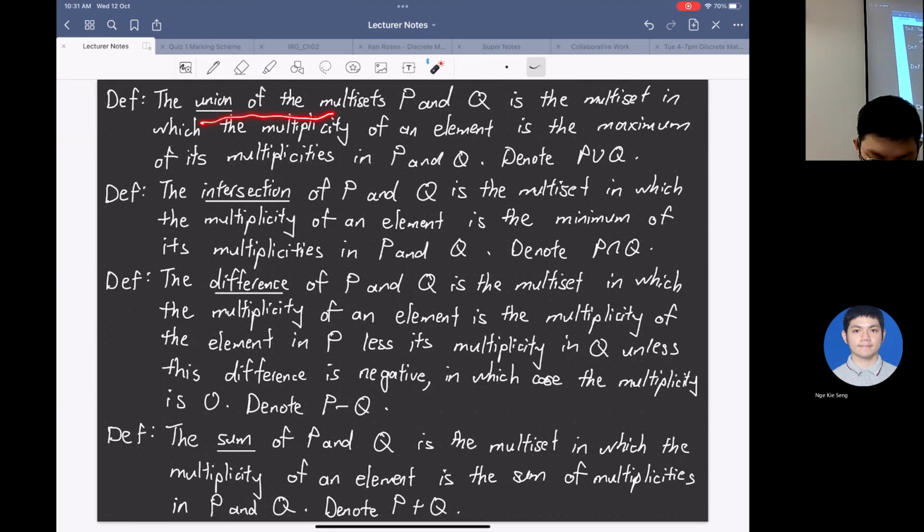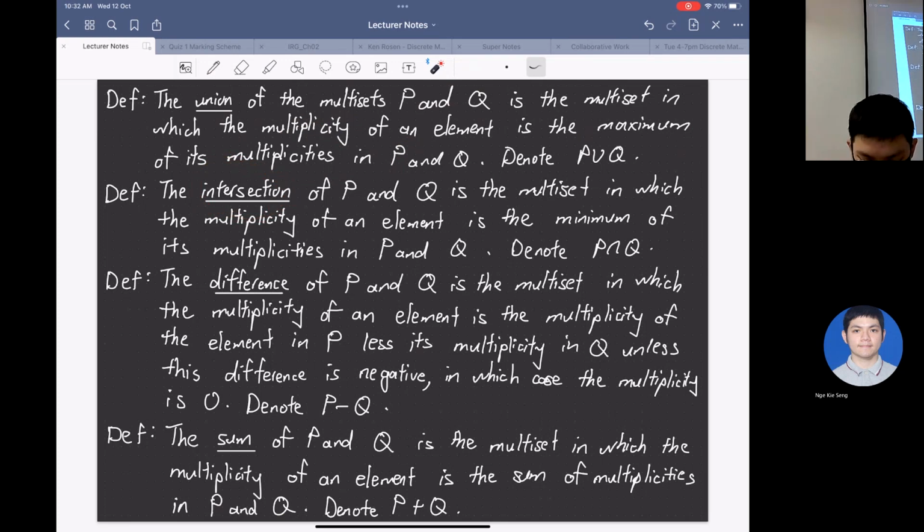So if you take union of the multiset, again, you need to consider the maximum of the two. Okay, I'll show you later. So it's the maximum of X multiplicity in P and Q, for an element.